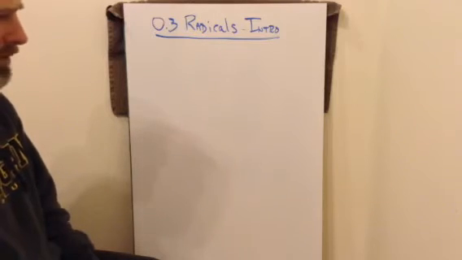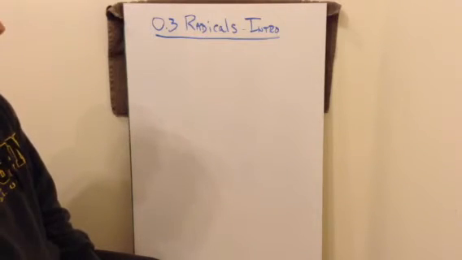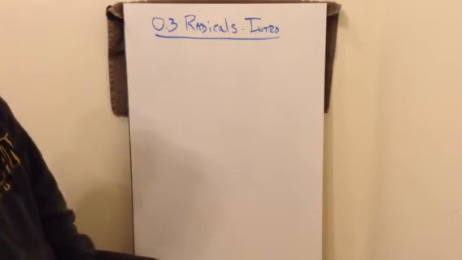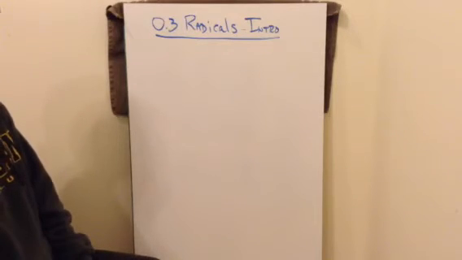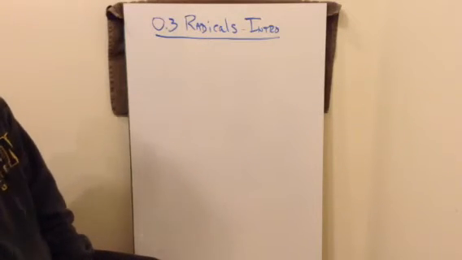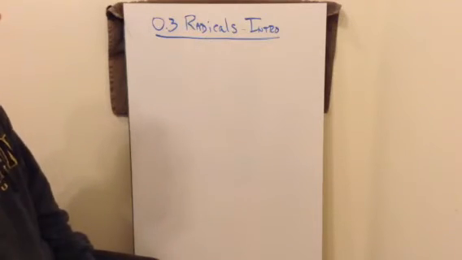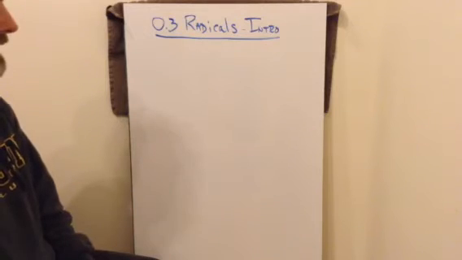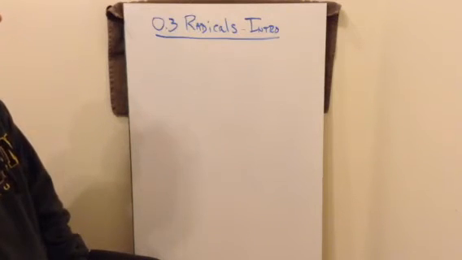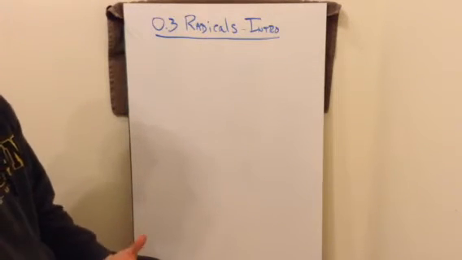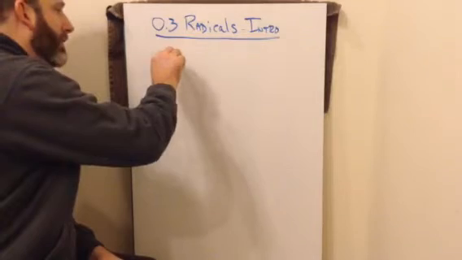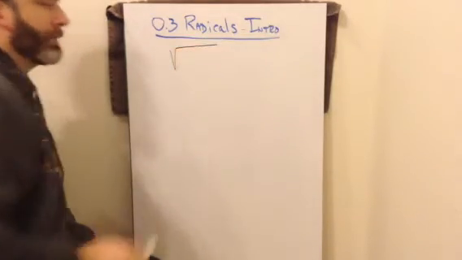Okay, so we've dealt with a variety of functions up till now. We've dealt with linear functions. We've seen absolute value functions, rational functions, and now we're going to get into radical functions. The thing we need to recognize is that it's a radical when it has this symbol.